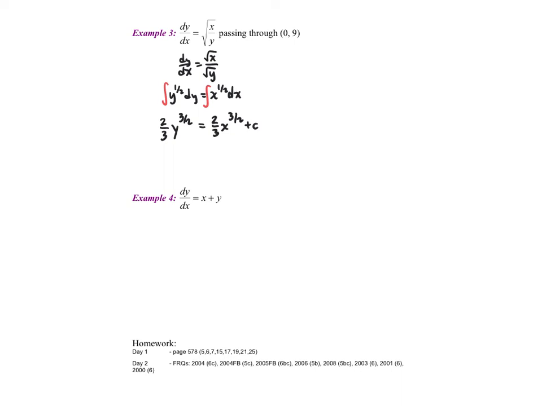Okay, so is that a general solution? Yes, it is. Likely we'll want you to go a little bit further. I'm going to multiply both sides by 3/2. So I'll get y to the 3/2 is equal to x to the 3/2 plus c. And at this point, I'm going to call that a general solution.